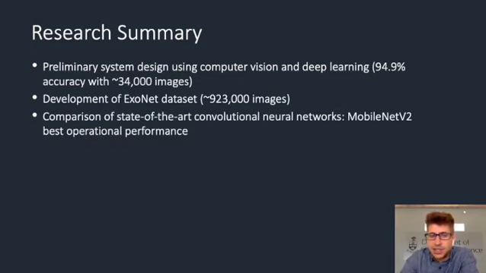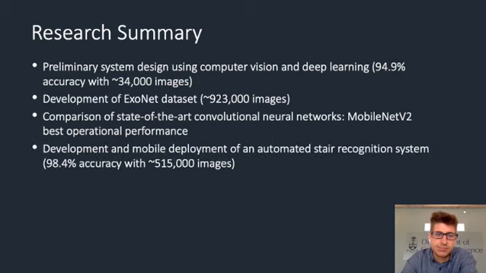We also conducted a large-scale comparative analysis of different state-of-the-art convolutional neural networks, and our analyses showed that the MobileNet V2 network achieves one of the best operational performances. And most recently, we developed the StairNet system, which is now one of the largest and most accurate automated stair recognition systems for robotic prosthetic legs and exoskeletons. And we deployed the system on a mobile device for onboard real-time inference.